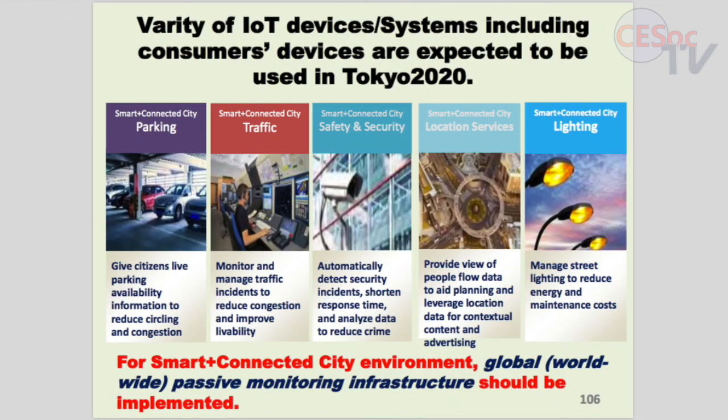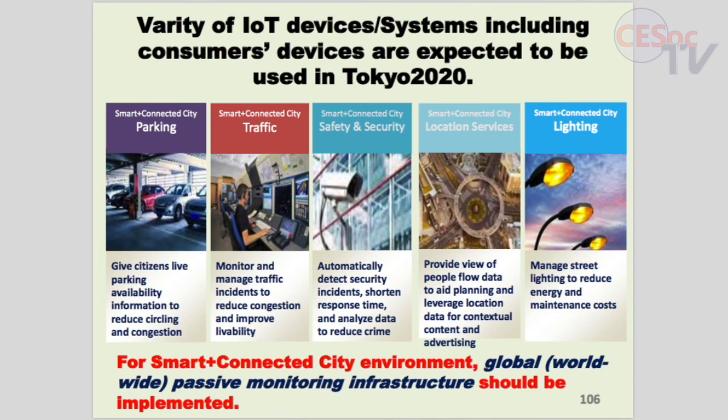A variety of IoT systems, including consumer devices, are expected to be used in Tokyo 2020, like this. However, for the smart and connected city environment, a global, worldwide passive monitoring infrastructure should be implemented, cooperating worldwide.